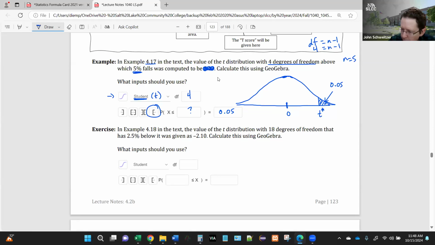Well, it's an interesting story. You might want to read up on it, but basically, the very quick version of the story is the guy who invented or first formulated the t distribution was working as a quality control statistician at the Guinness Brewing Company, the beer company in Dublin, Ireland.